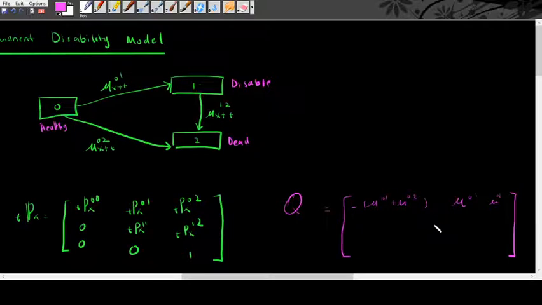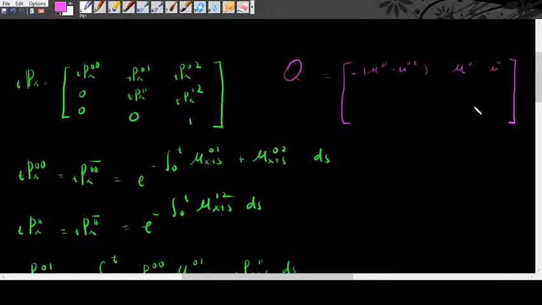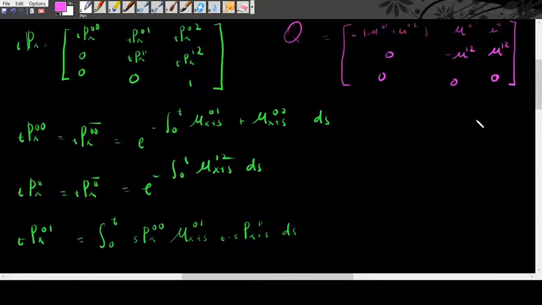So this equals the exponential of negative the integral of mu x plus s 12. So here would be mu 12, this is negative mu 12, here is 0, there's no rate of going from here to here, and here will remain 1. And there are no rates of going anywhere else, so here it will remain 0. It's not probability, sorry, it is a rate, so it will remain 0.